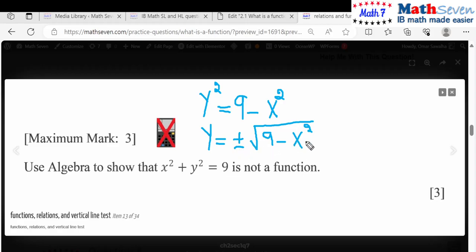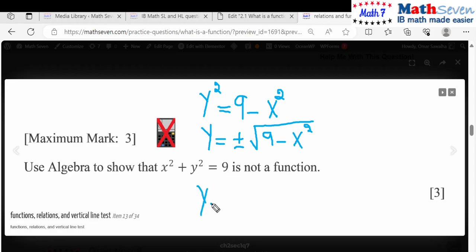This means the following. If x was 1, for example, or 8, or whatever, let's say x was 2.